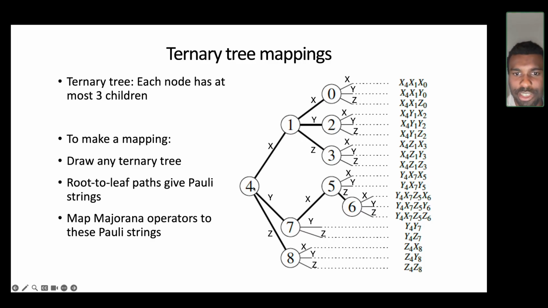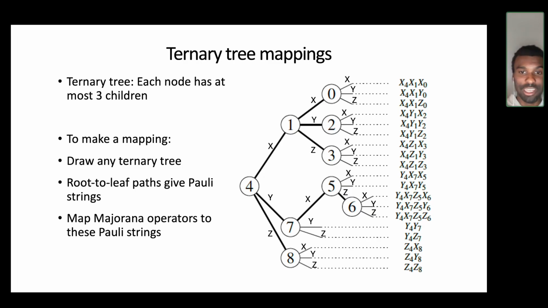Well, you look at the paths that go from the root of the tree down to its leaves, and you label the top, middle, and bottom branches by X, Y, and Z respectively. If you trace all these paths out, so X, X, X, X, Y, X, it gives you Pauli strings.